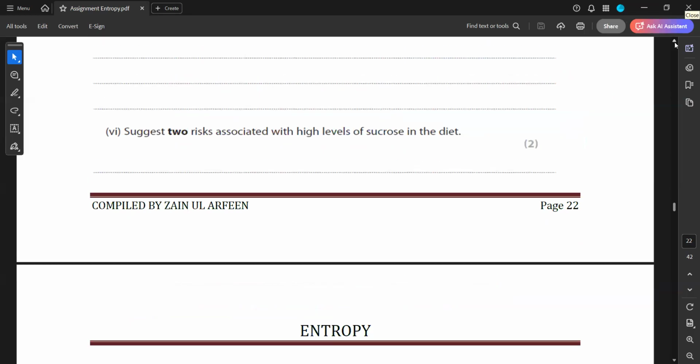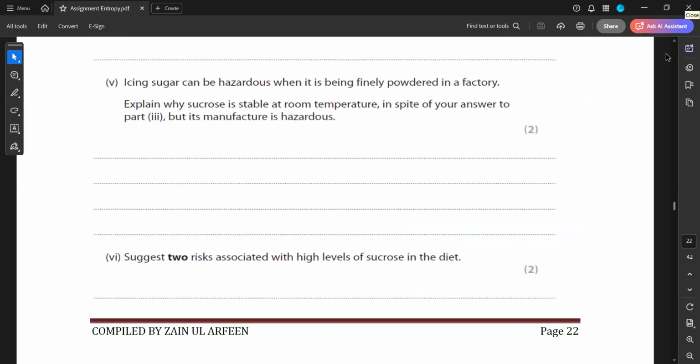Then we have: icing sugar can be hazardous when it is being finely powdered in a factory. Explain why sucrose is stable at room temperature in spite of your answer to part 3, but its manufacture is hazardous.